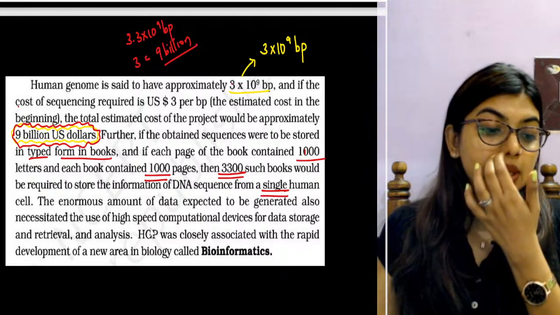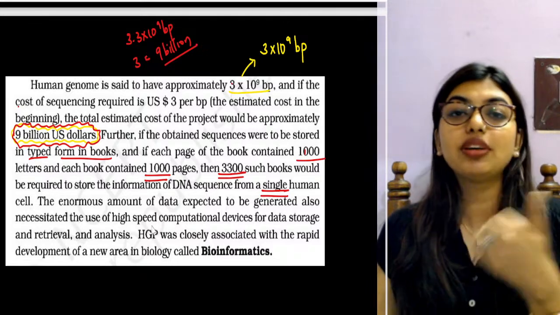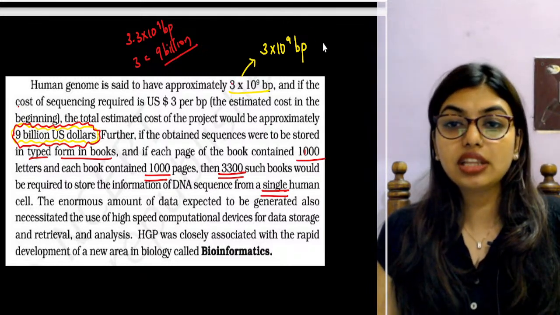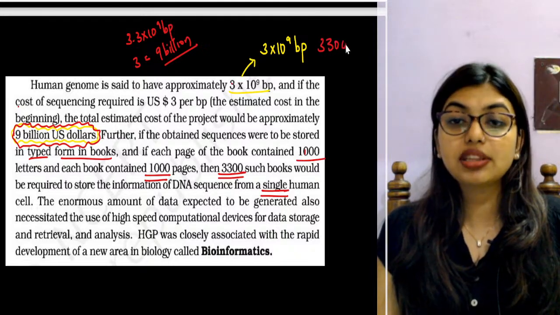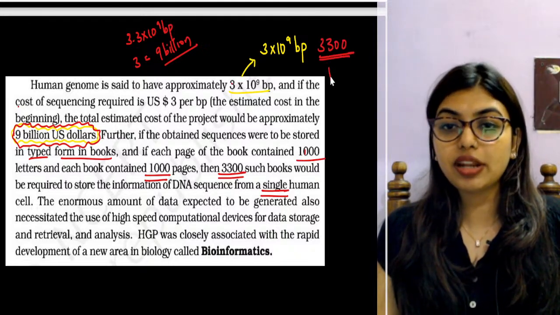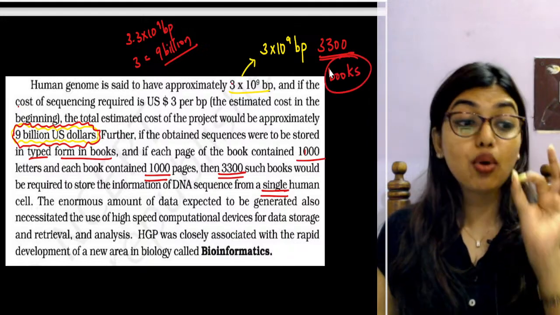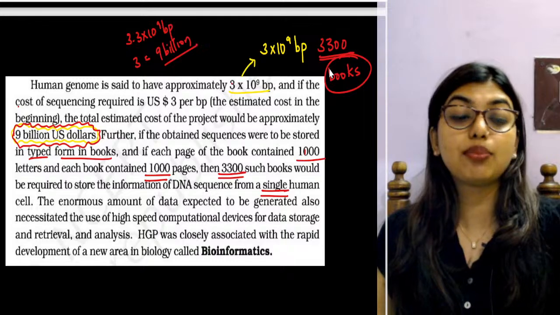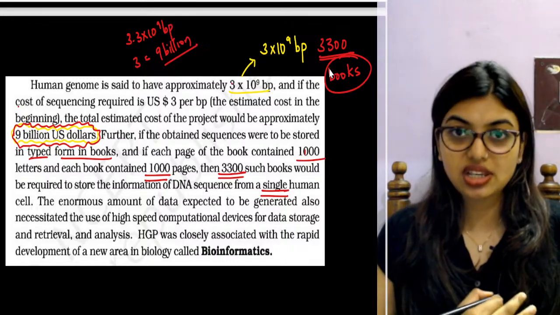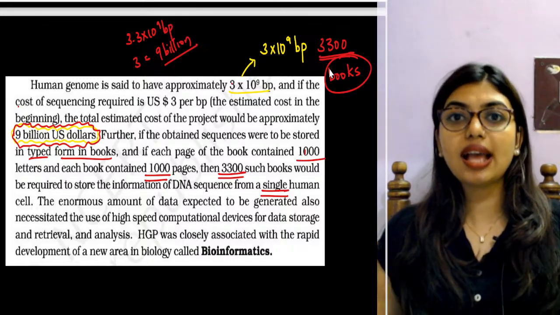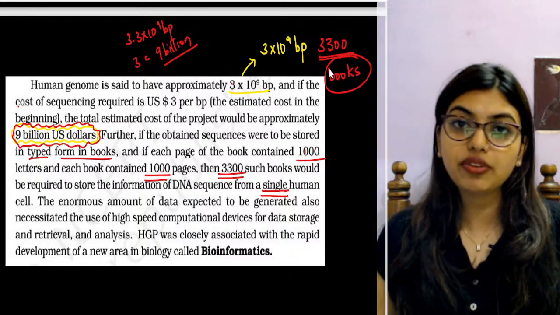That means me, Tanuja, each of us would have 3300 books. Can you imagine? 3300 books, not pages, each of 1000 pages. It would be such a hassle to even store the data of anyone like that.